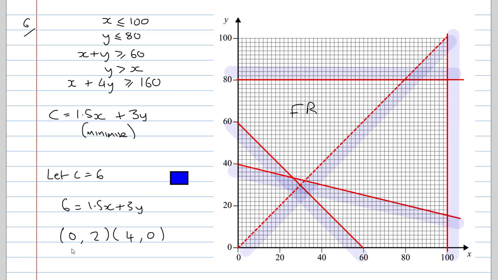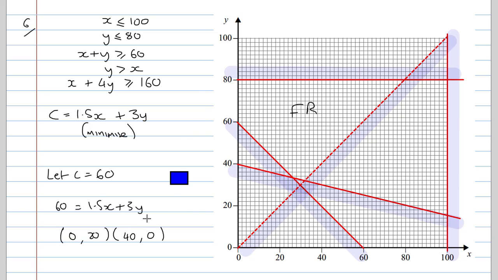Now clearly this would be a very, very small objective line, and it would make sense for us to make it bigger. Well, (0, 2) is a bit silly, but (0, 20) would be sensible, so let's just multiply everything by 10. Let's let c equal 60. The effect that will have is to make these coordinates 10 times bigger. So rather than (0, 2), we would get (0, 20), and we would get (40, 0), which is a sensible sized objective line.